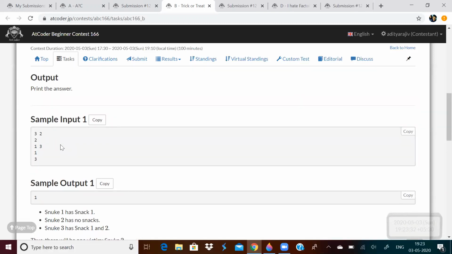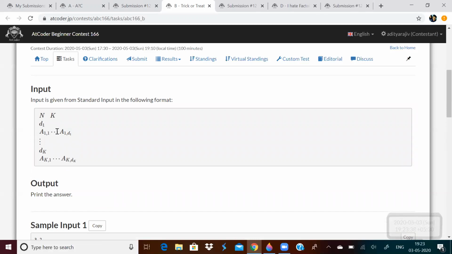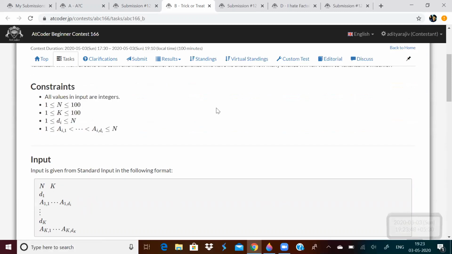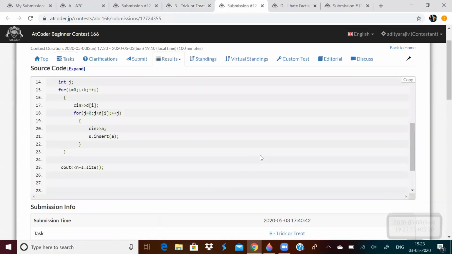You just have to use a set and keep inserting these elements a_i1, a_i2, and so on up to a_id_i into the set. Then you take all the unique elements and subtract their count from N. That will give you the number of victims. So that's what I did.